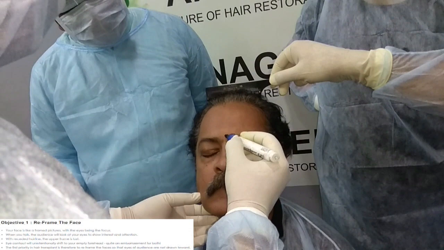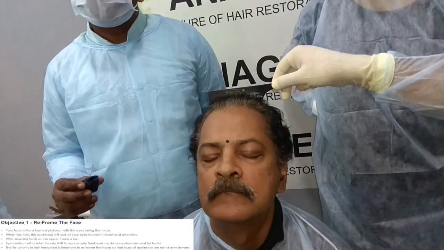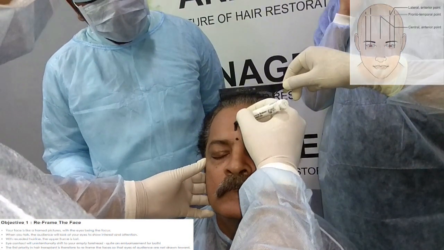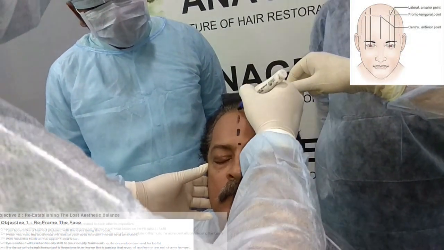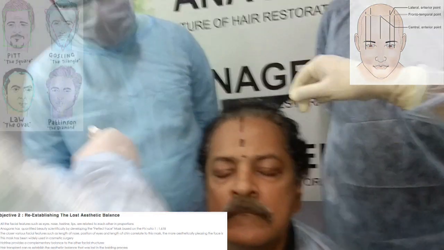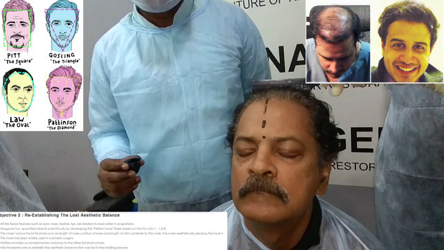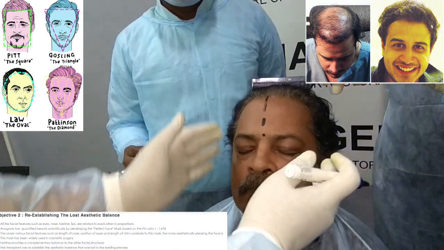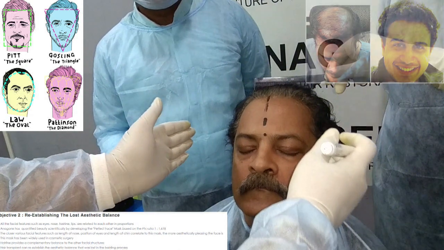Objective 1 of the hairline design is reframe the face, because face framing is important to give it a complete look. Objective 2 is to re-establish the lost aesthetic balance. Remember, your face may be round, oval, diamond, triangle, heart-shaped.